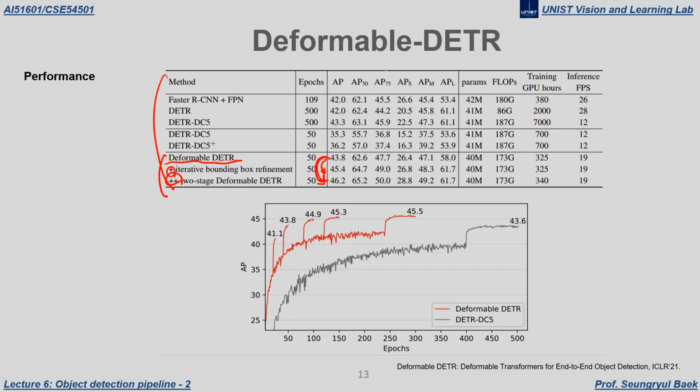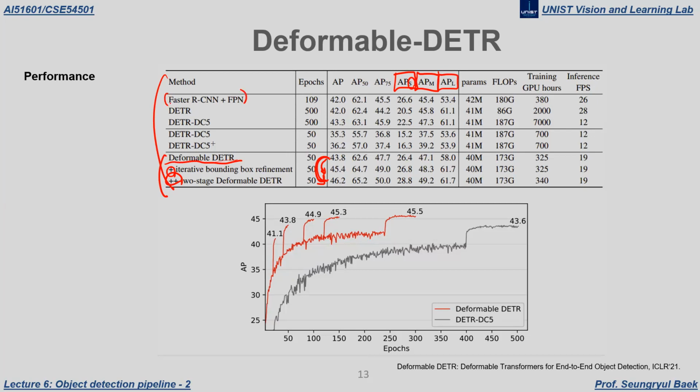And you have to see this. So this APS is the performance for small objects, and this APM is the performance for middle scale objects, and APL is the performance for large scale objects, okay?